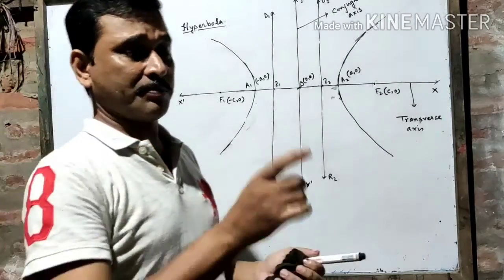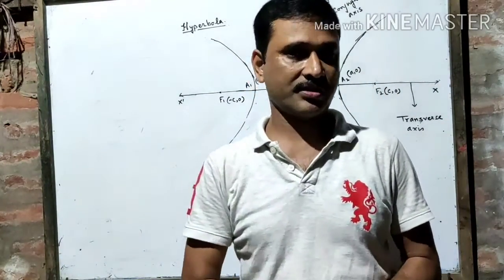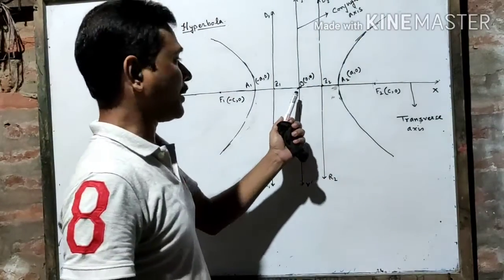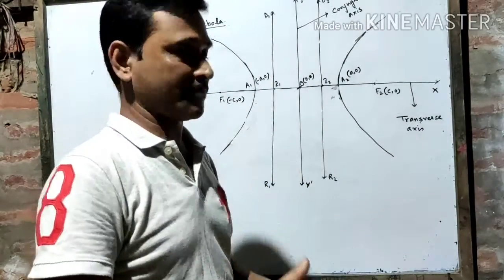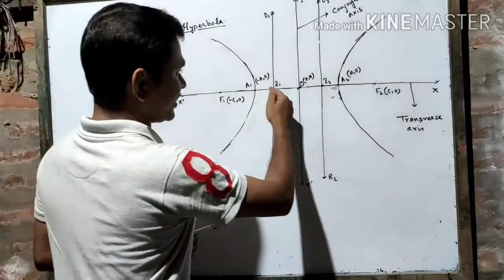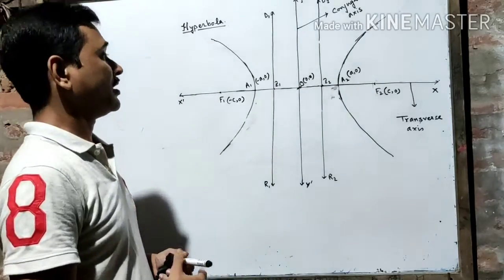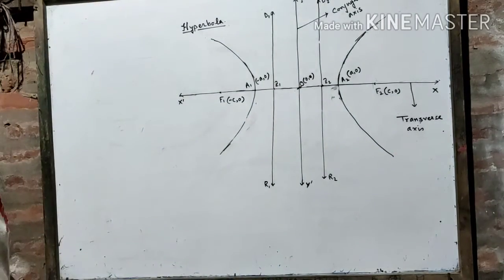Similarly, in case of ellipse: major axis, semi-major axis, minor axis, semi-minor axis. In case of hyperbola: transverse axis, semi-transverse axis, conjugate axis, semi-conjugate axis. This length is the length of the transverse axis. Now, what is the length of the conjugate axis?